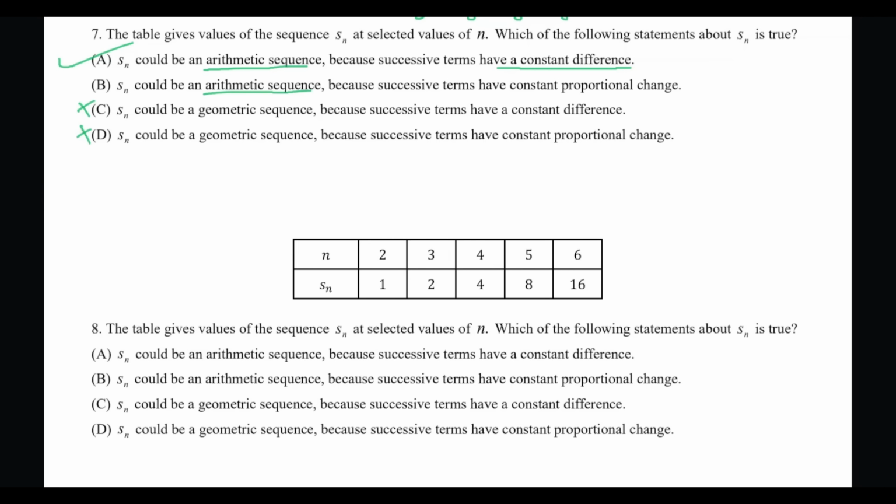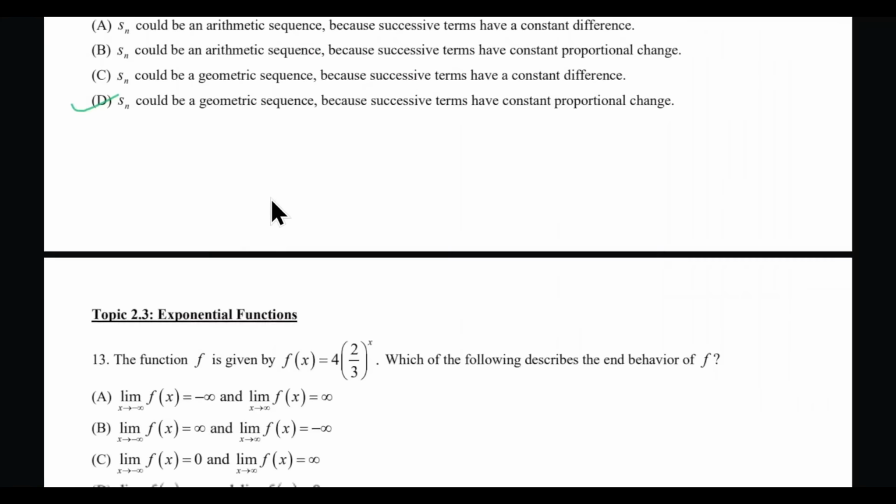I won't really mind. The gap should just be the same. So here you can see that if we take the ratio, 2 over 1, 4 over 2, 8 over 4, 16 over 8, the common ratio is 2, which means that it is a geometric sequence because of the constant proportional change. So it is D. That makes sense.